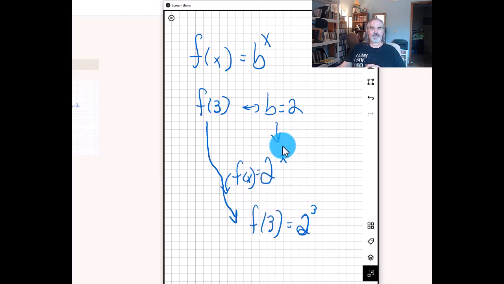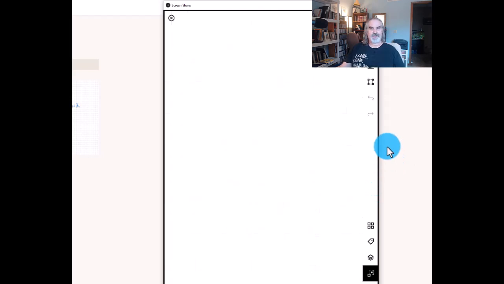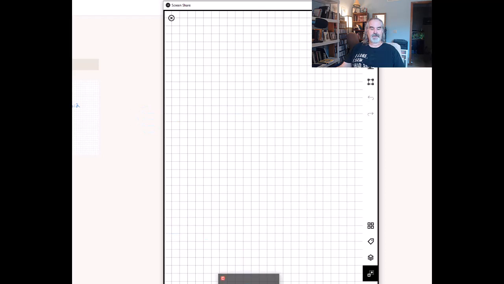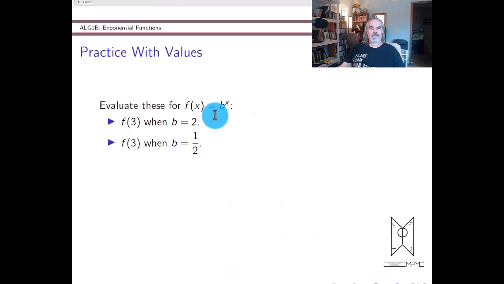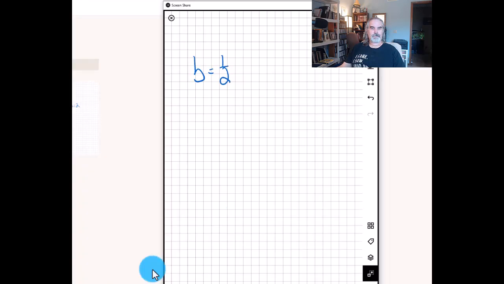But if we're looking at the function 2 to the x and we ask for f of 3, that will be 2 cubed. The follow-up question to that was, I believe, having a base of 1/2. So we've got a base of 1/2, and we're going to ask for f of 3.